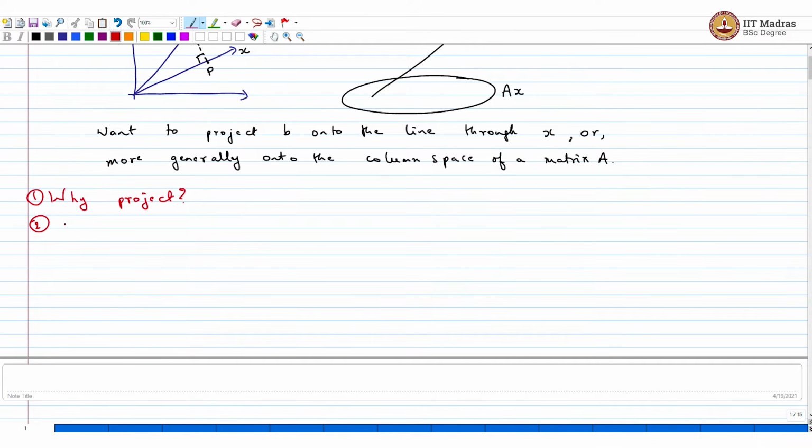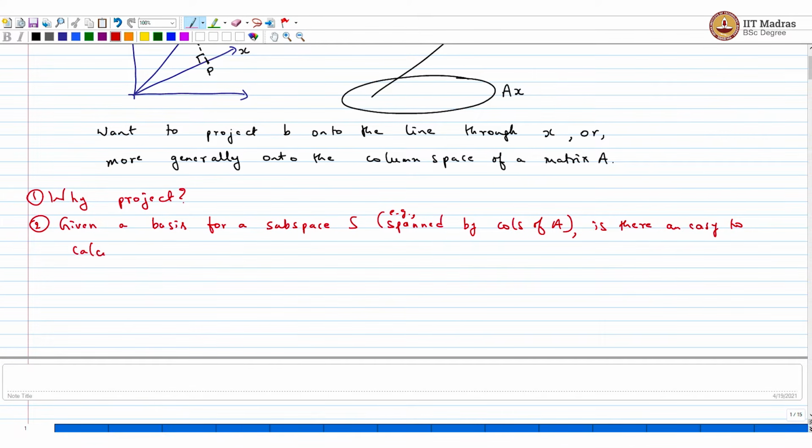The second question is, given a basis for a subspace, say S, more concretely say spanned by columns of A, for example, is there an easy way to calculate the projection P of B onto S? So, these are two questions that we are going to answer today.